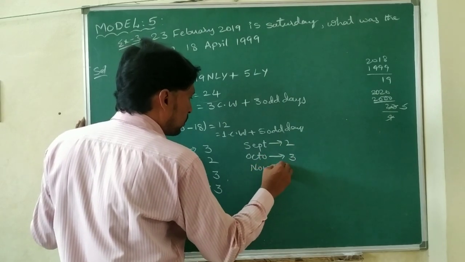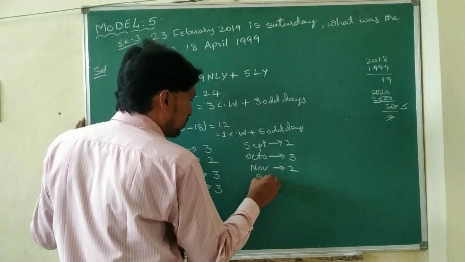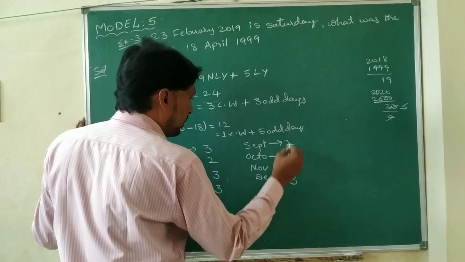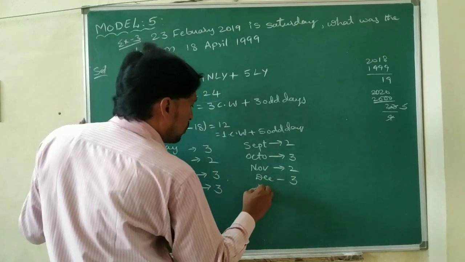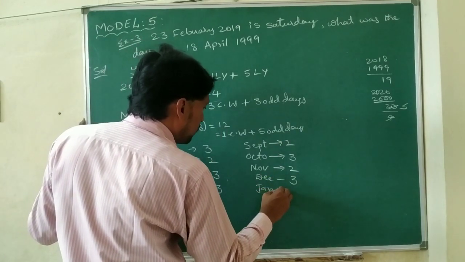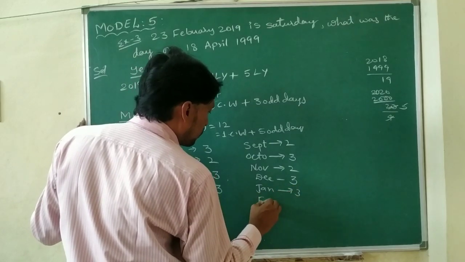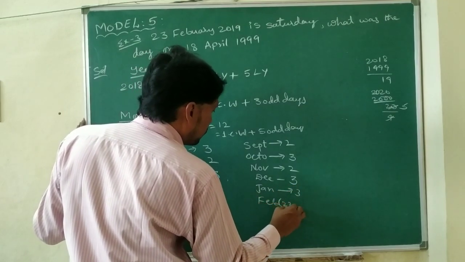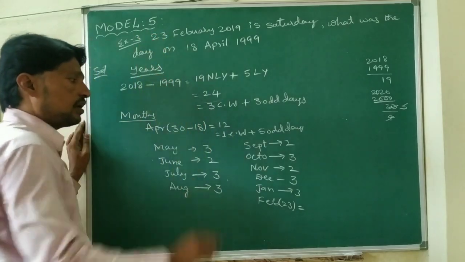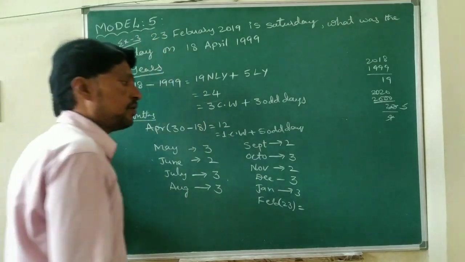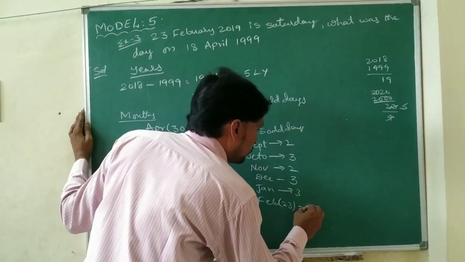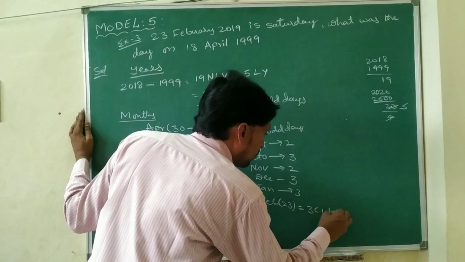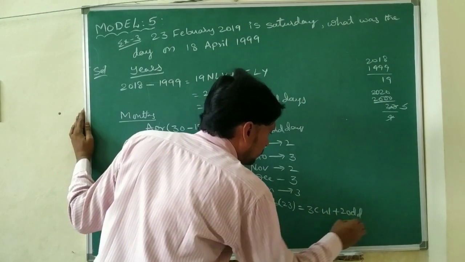November 2 odd days. December 3 odd days. January also 3 odd days. February up to 23rd only we need to take. 23rd February means here 3 complete weeks plus 2 odd days we are getting.